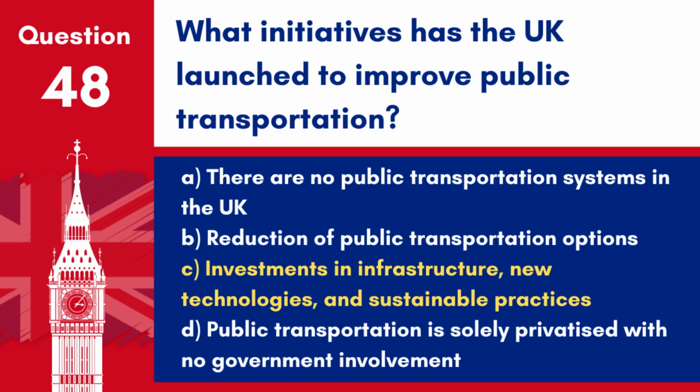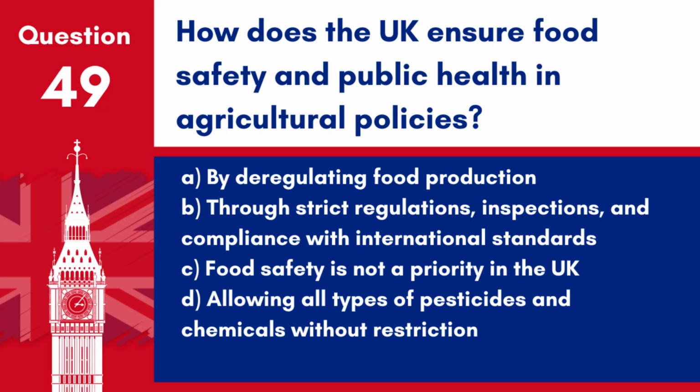Answer: C. Investments in infrastructure, new technologies and sustainable practices. The UK government has launched various initiatives to enhance public transportation, focusing on improving infrastructure, adopting new technologies, and promoting sustainable practices. Question 49.